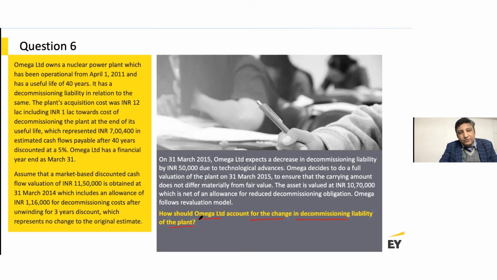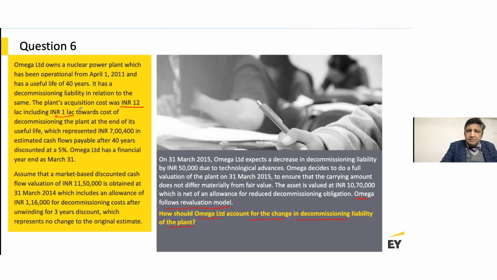So it's a good idea to split this information into several parts and then proceed with the requirement. The first thing given is that Omega Limited follows the revaluation model, right? That's one thing that you want to remember. The second thing provided is that the cost of the asset is 12 lakh, which includes 1 lakh of decommissioning.